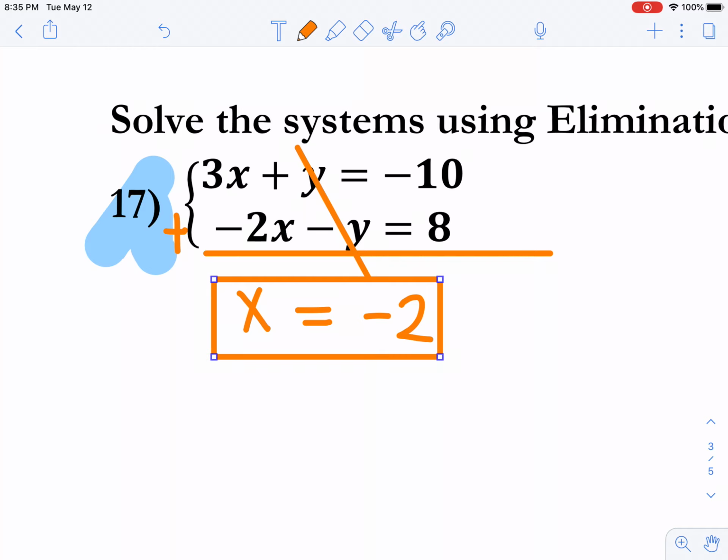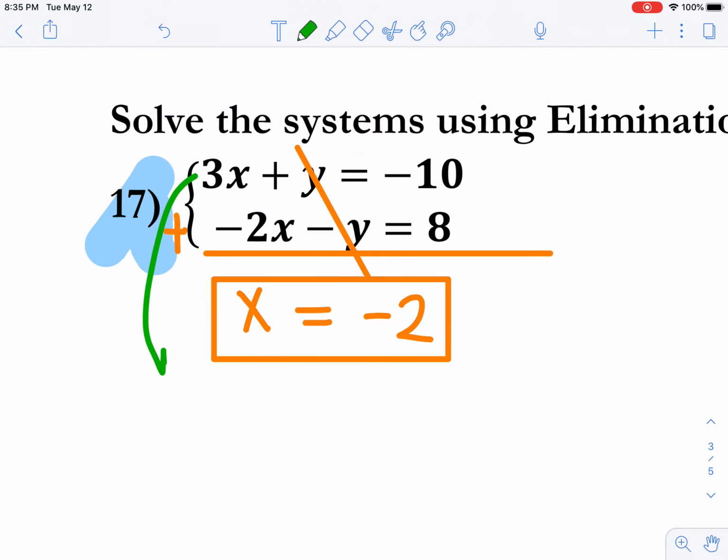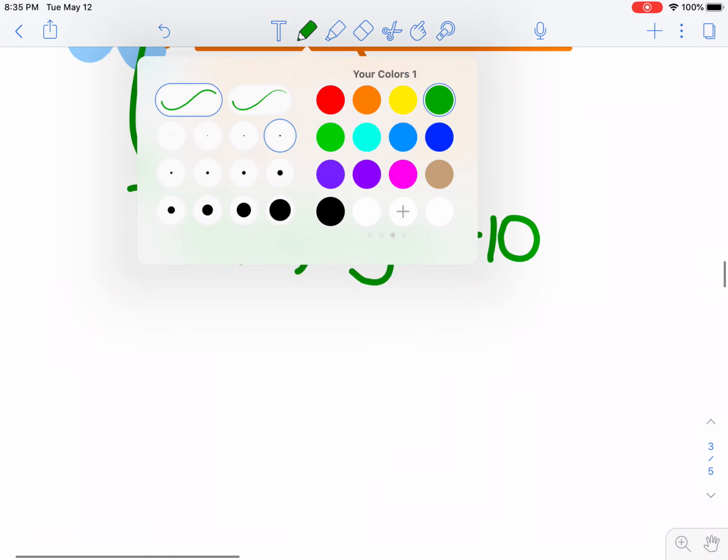That's pretty sweet. And then I get to choose which one I think I want to plug into. I'm randomly selecting the first one to plug into. So 3x, I'm going to replace the x with negative 2 because that's what it equals, plus y equals negative 10, and now I'm solving for y.